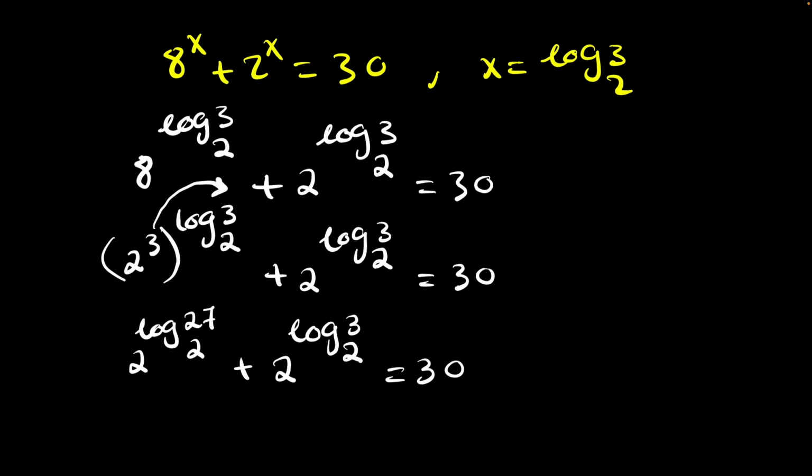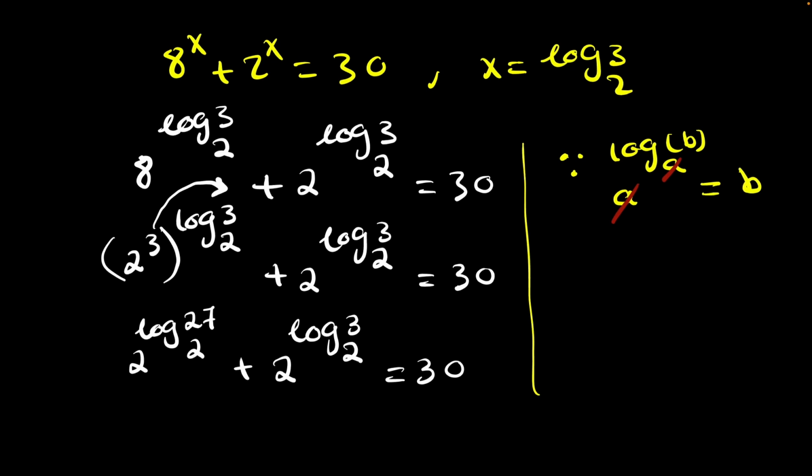So guys, we have a formula in logarithms that if we have a to the log of b to the base a, we can cancel out the bases and finally have b. So we are going to use this logarithmic rule here.